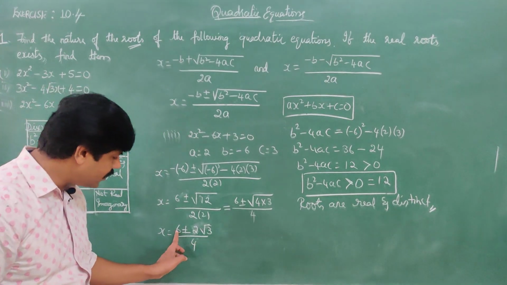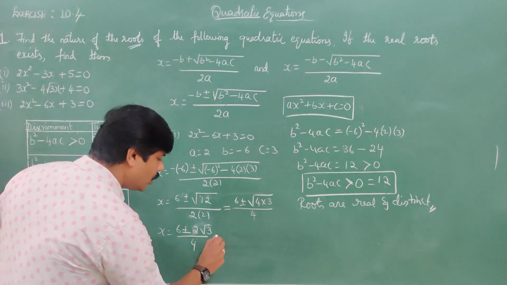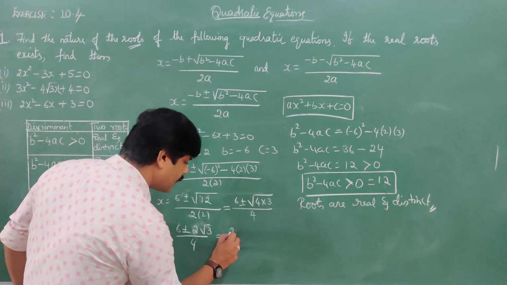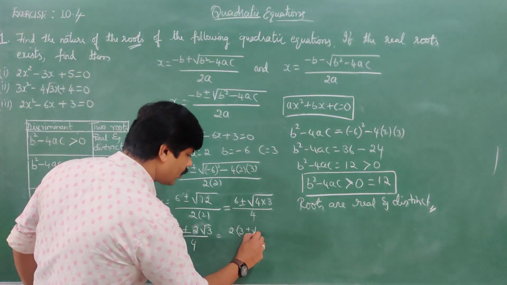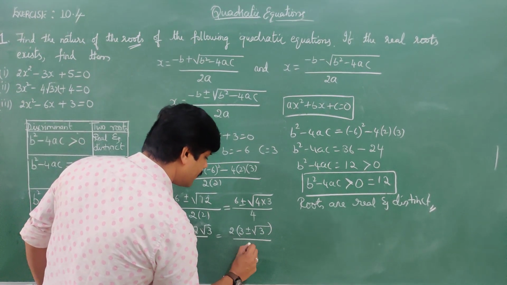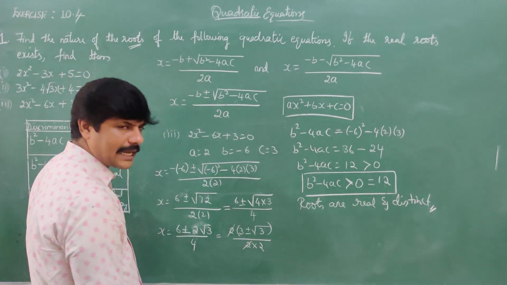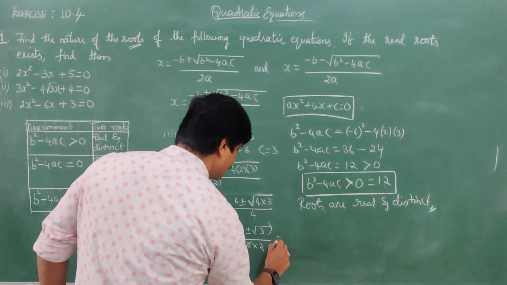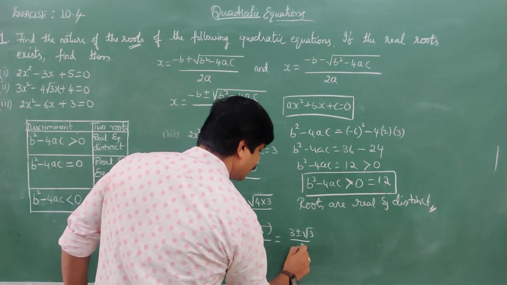See properly, 6 and 2 are multiples of 2 itself. Therefore you can take the common factor 2, 3 plus or minus root 3 times, 2 is removed already through 2 one time, whole divided by 2 into 2. 4 is nothing but 2 into 2. 2 and 2 get cancelled. What remains is 3 plus or minus root 3 by 2.